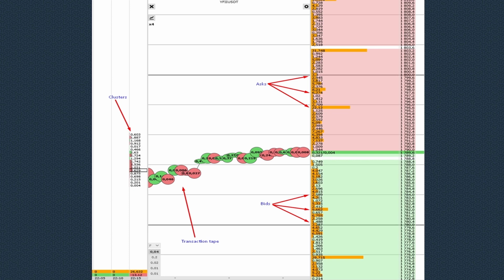Other things, like analyzing the graph, some indicators, volumes, only show you the history. Scalpers have to understand what is happening right now, so we have to analyze the transaction tape and the limit part of the order book.